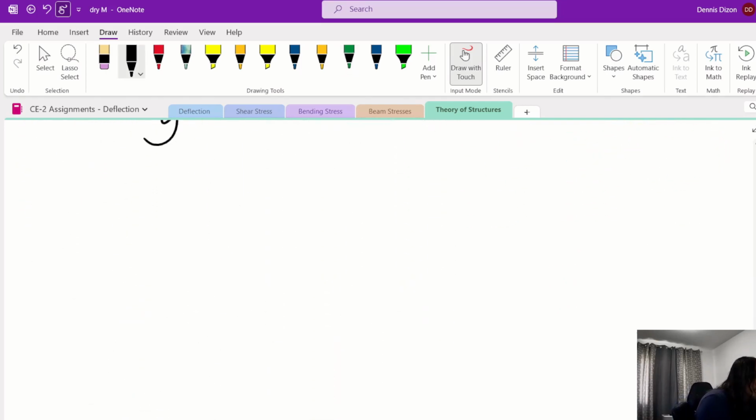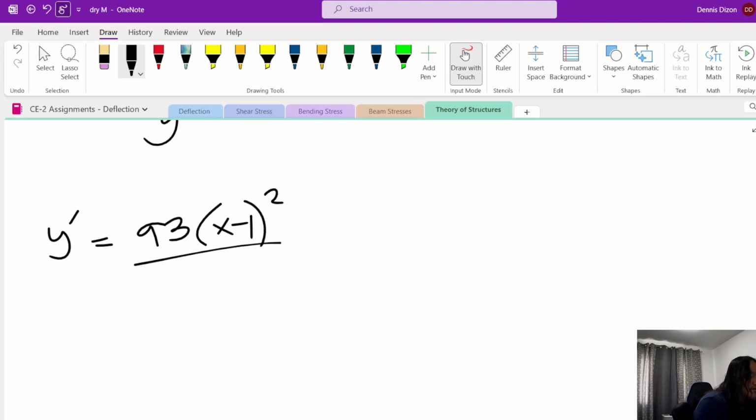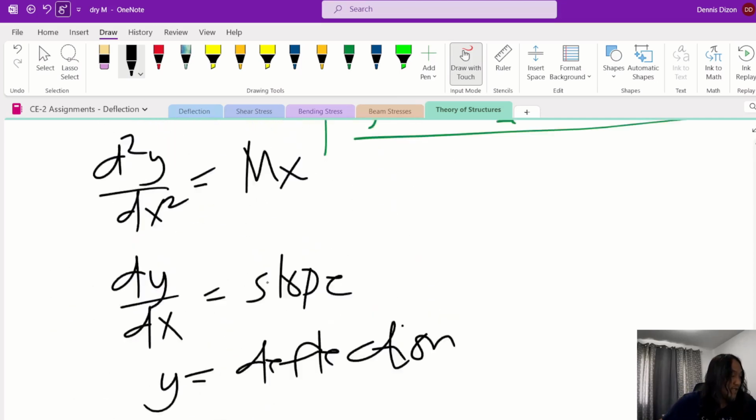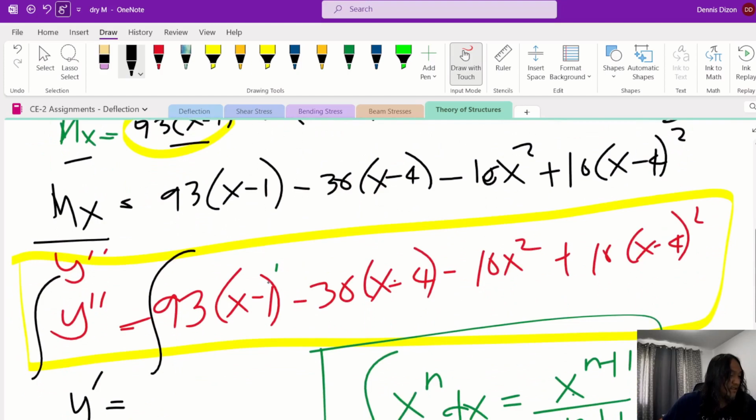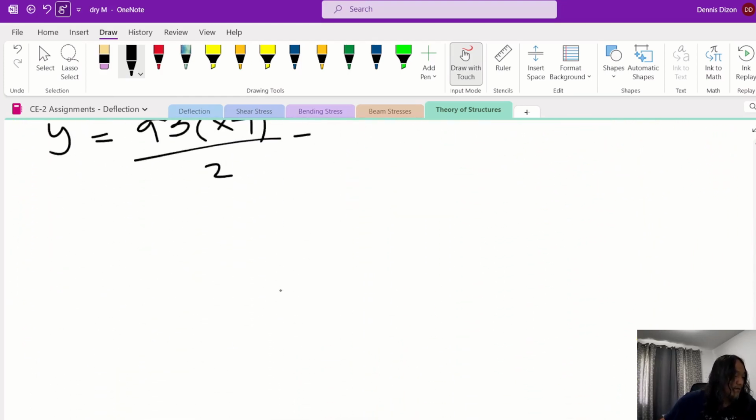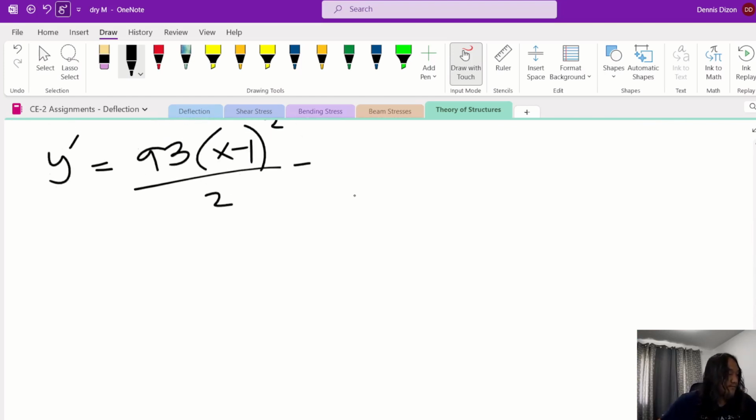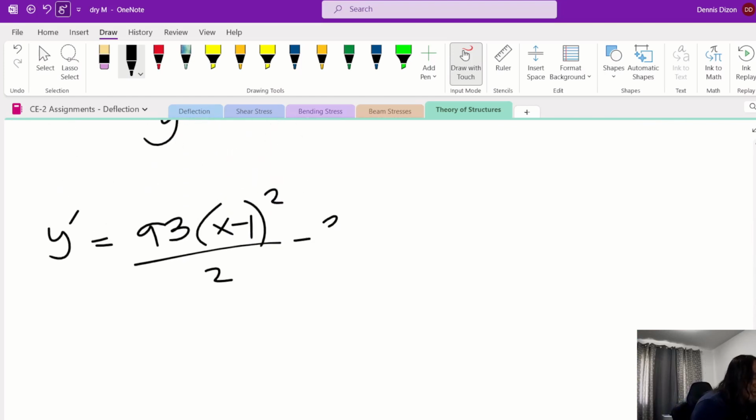So y prime is equal to 93 constant, then x minus 1 squared over n plus 1, which is 2. And then the integral of 30 times x minus 4 is minus 30 times x minus 4 squared over 2.